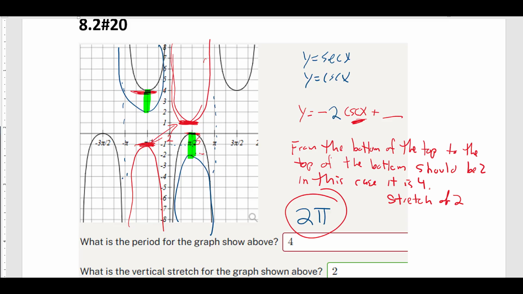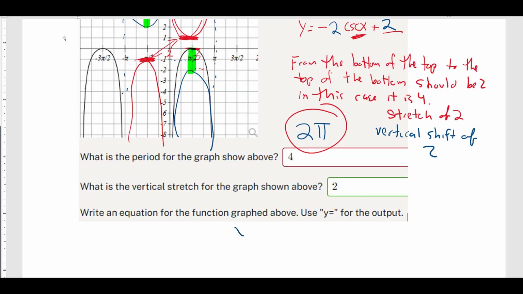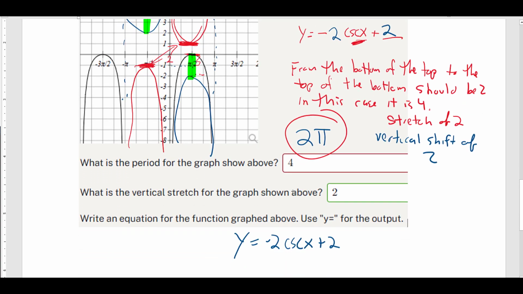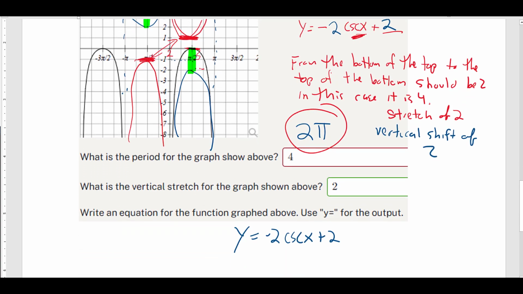They're both pushed up by 2, so there'd be a vertical shift by 2. So I'm going to say +2. So the answer should be y equals -2 cosecant x plus 2. -2, negative because it's flipped, 2 because it was stretched by a factor of 2, which the student got correct there, and then +2 was the vertical shifting of that one.